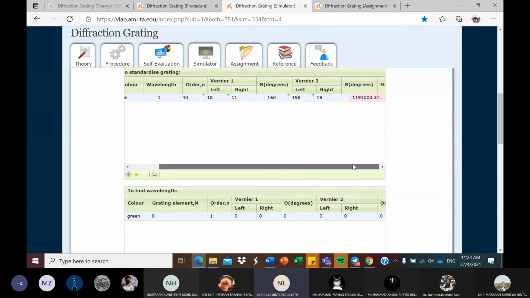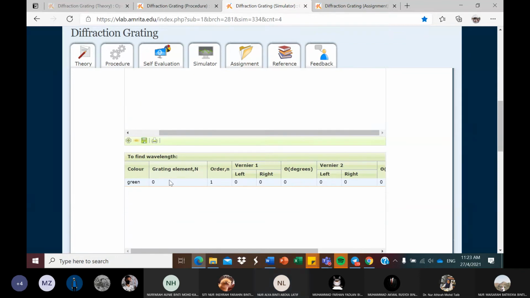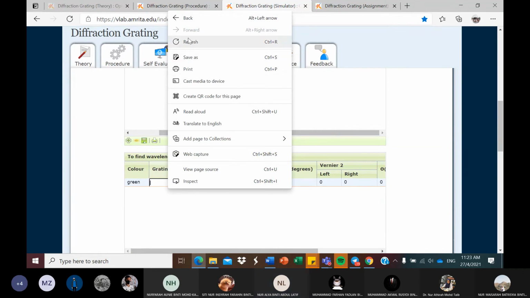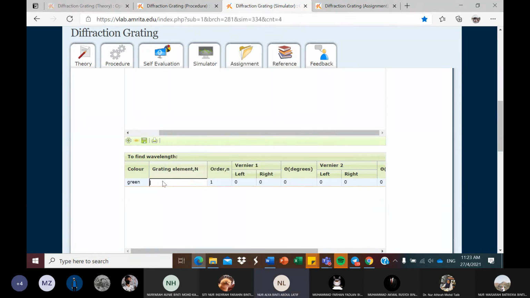Then we can just copy the grating element of the green color and put it in this grating element cell. But the color, we can change it to the color that we want to know the wavelength of, such as, for now, yellow.